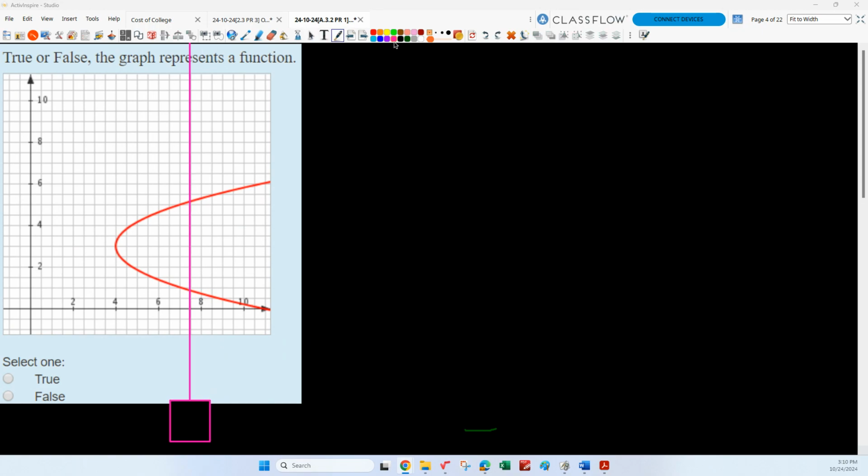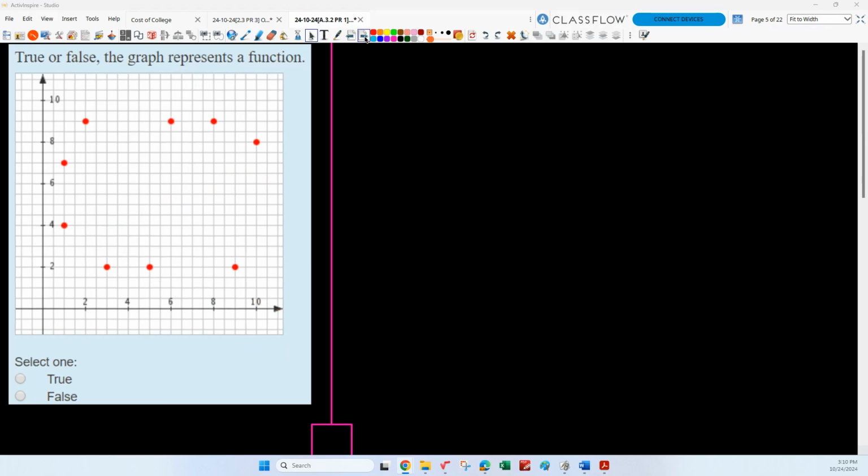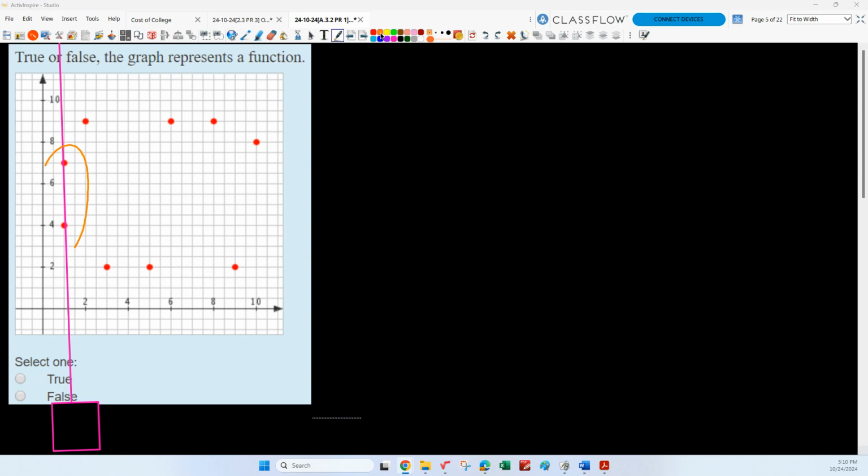False. True or false? That discrete graph? False. You caught it. There's one spot clear over here, isn't there? Because of that, it's false. Okay, give me thumbs. All good? You got the vertical line test.